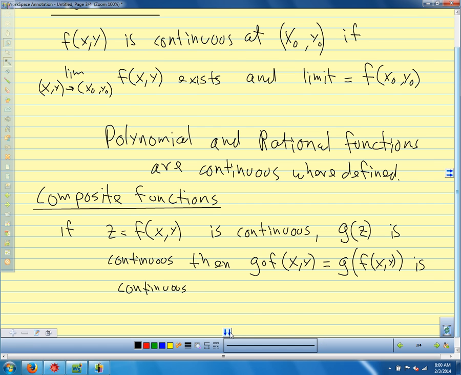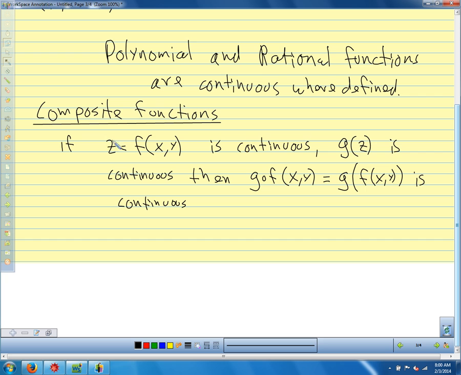So we can compose continuous functions, and when we do a composition of a multivariable function, we talked about this briefly on Friday. This is a multivariable function, this is a single variable function. This composition is continuous, and our limit as x, y approaches x0, y0 of g of f of x, y is our function evaluated at x0, y0.